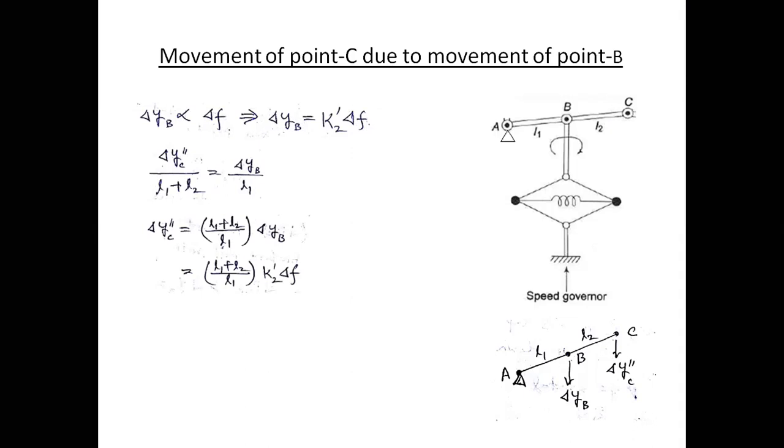After simplifying, del YC double dash is L1 plus L2 by L1 K2 dash del F, putting in the expression of del YB from the previous expression. Finally, L1 plus L2 divided by L1 K2 dash is taken as the constant K2. So del YC double dash equals K2 del F. This is the second equation.